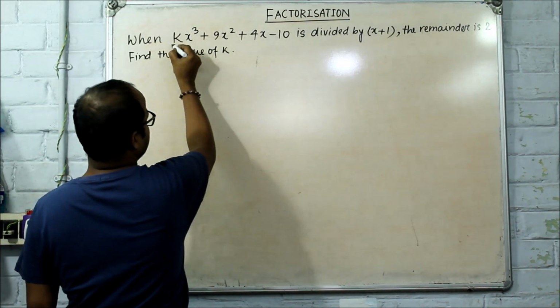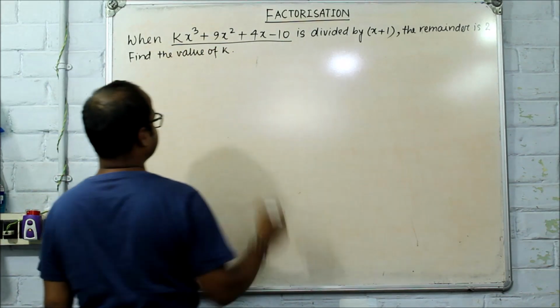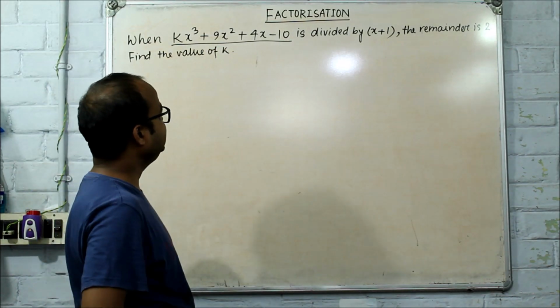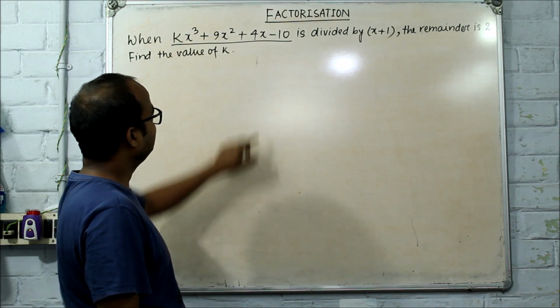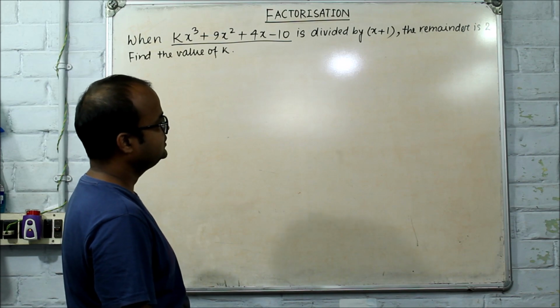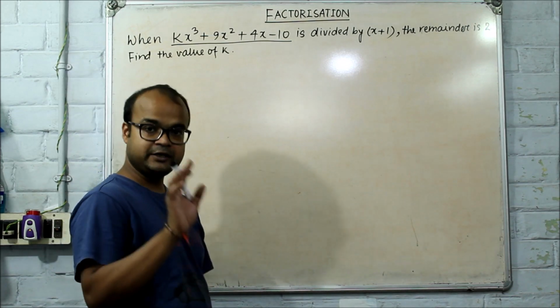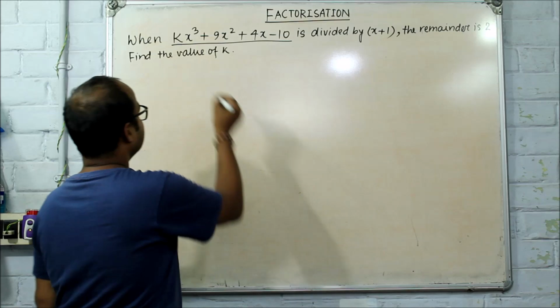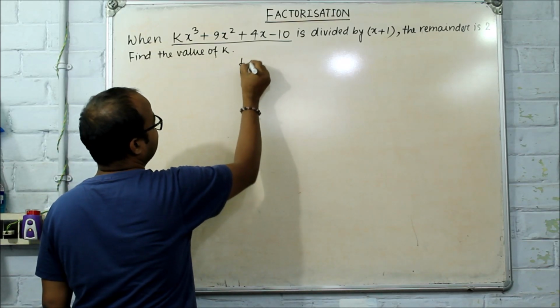when kx cube plus 9x square plus 4x minus 10 is divided by x plus 1, the remainder is 2. Now here remainder is given as 2. So first we write this as f(x).